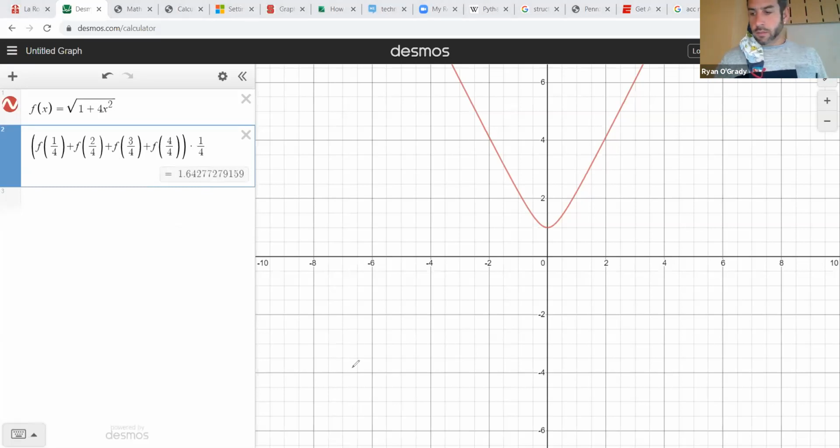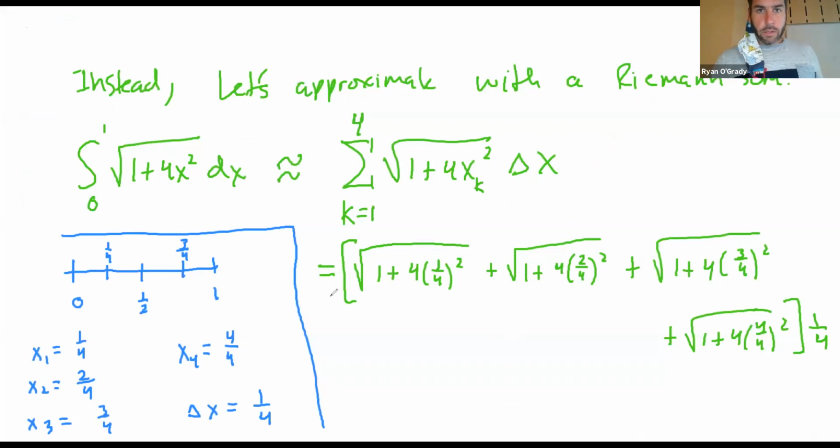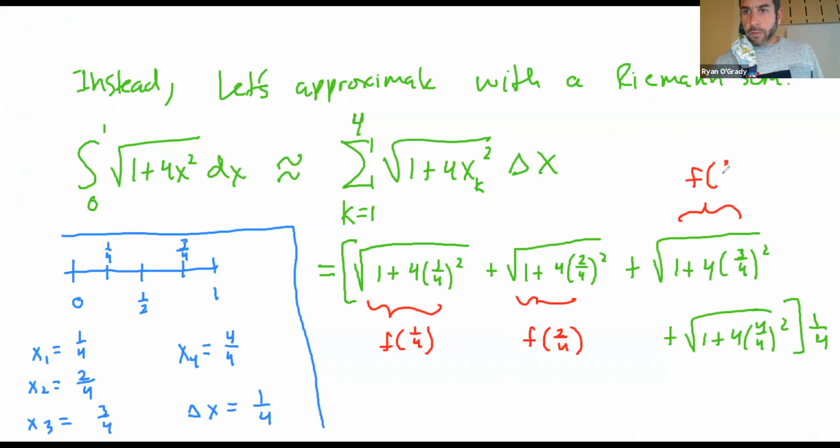So let's go back to what I meant by this. Here's the way you should think about this. This is f of 1/4. This is f of 2/4. This is f evaluated at 3/4. These are my x1, my x2, my x3. And this is f evaluated at 4/4, which is your x4. And of course, this is your delta x right here.